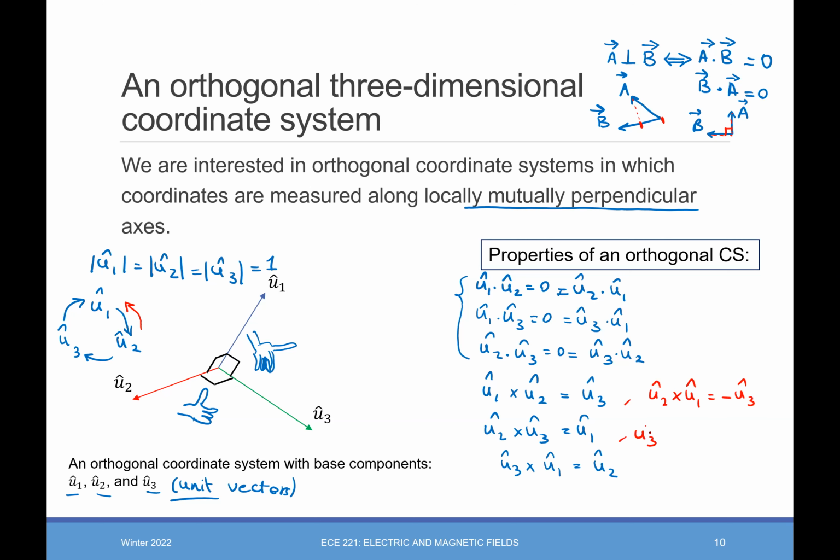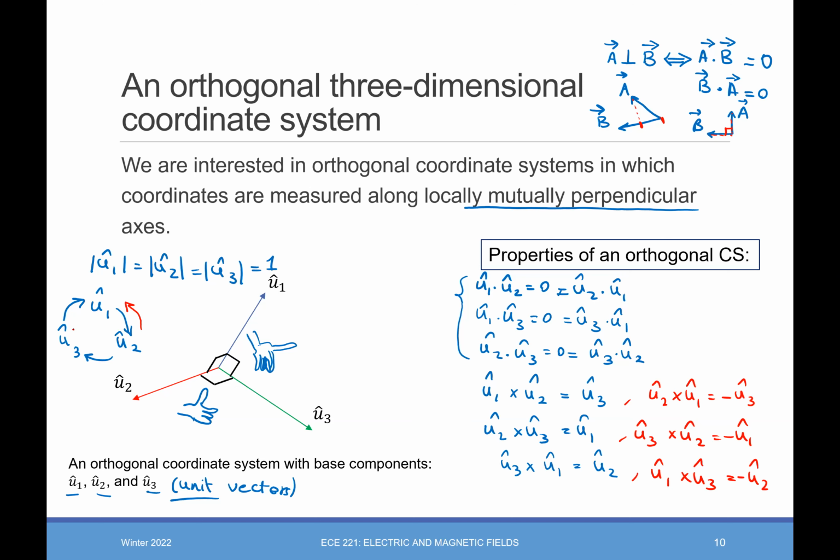Then U3 hat cross U2 hat is minus U1 hat, and U1 hat cross U3 hat is minus U2 hat. This is very useful when you're calculating the curl of vectors or the cross product of vectors that are specified in unit vectors. Basically, you'll see examples of those. So this circle is actually very useful.